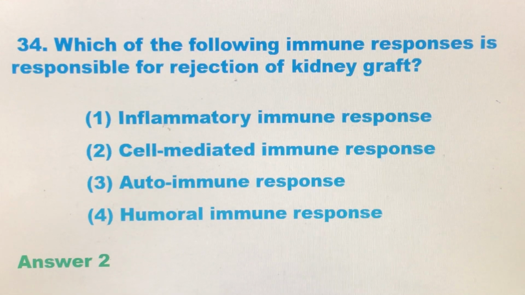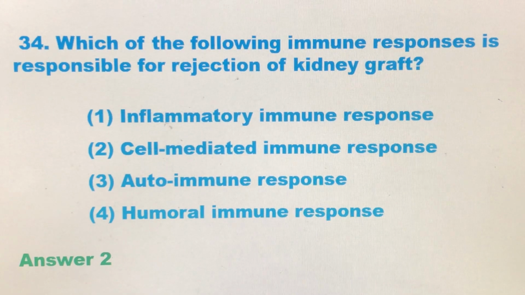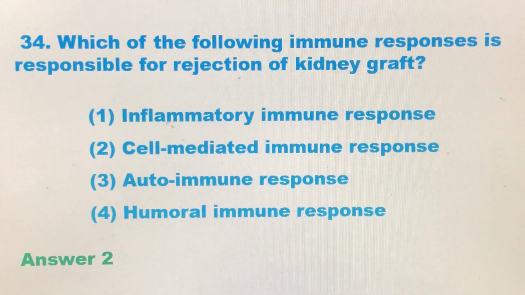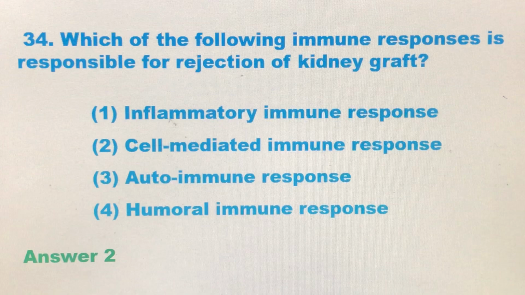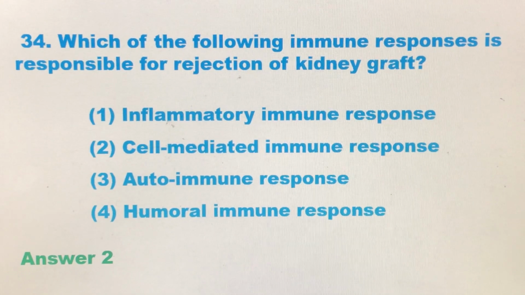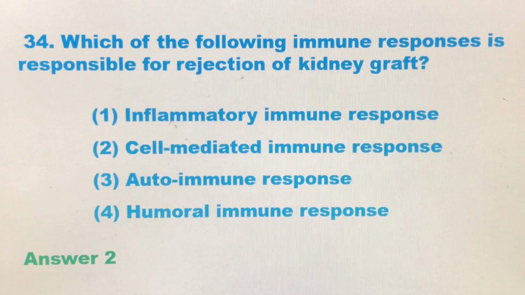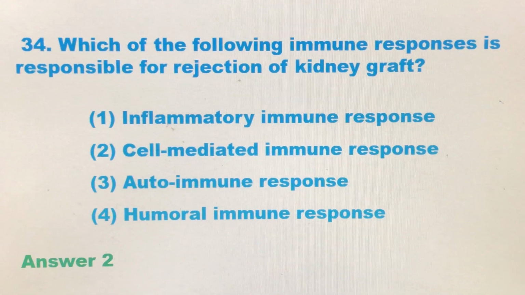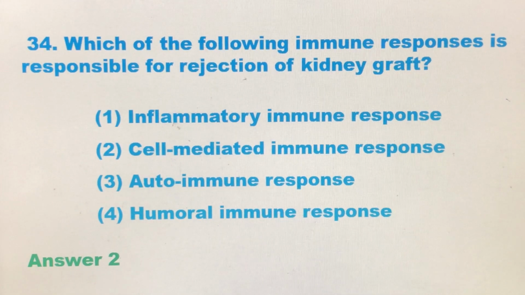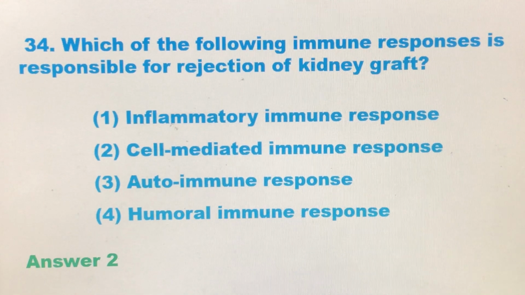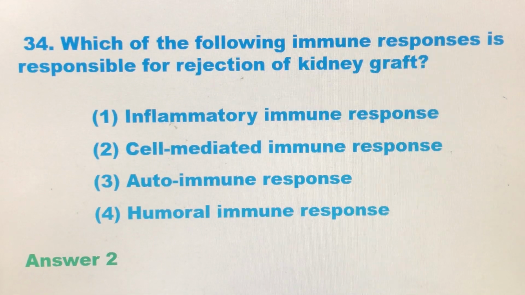Now the 4 different options are, first one is inflammatory immune response, second cell-mediated immune response, third autoimmune response, and the 4th option is humoral immune response. So the immune response that is involved in graft rejection is cell-mediated immune response.